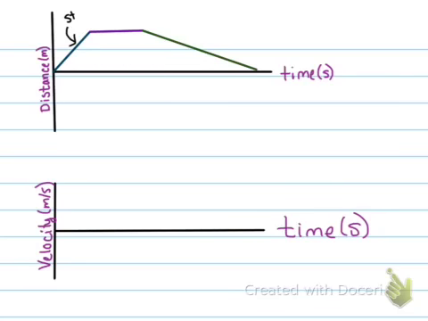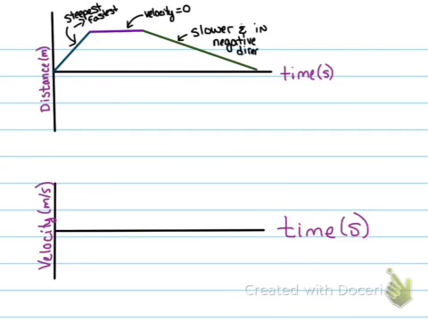If you look here, my object is going to have a steep slope, so that means that I was going really fast, right? And then there, I'm not increasing my distance at all. My distance is constant. That means my velocity equals 0. When my velocity equals 0, that means I'm stopped. It just means I'm standing in place or I'm parked. And that green line, I'm going slower, and I'm also going back to the starting line. So I'm slower and I'm going in the negative direction.